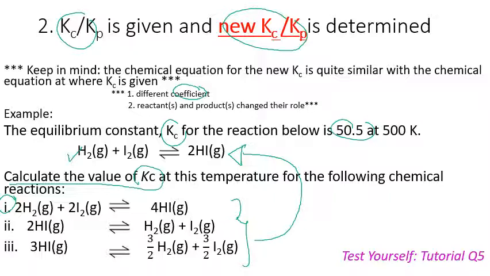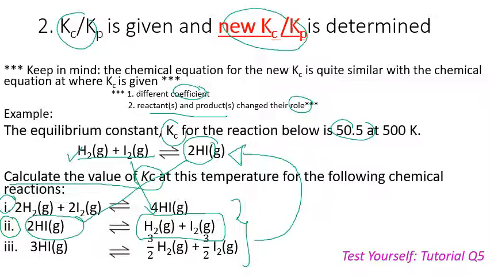Another type is where the reactant and the product change their roles. Look at this second chemical equation. We notice hydrogen and iodine initially act as reactants, but now they are products. While hydrogen iodide, which was a product, now becomes the reactant.